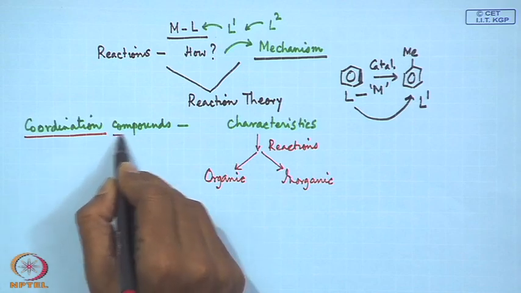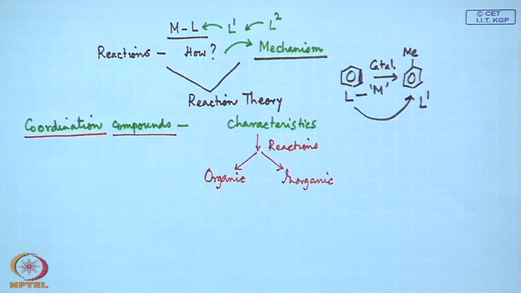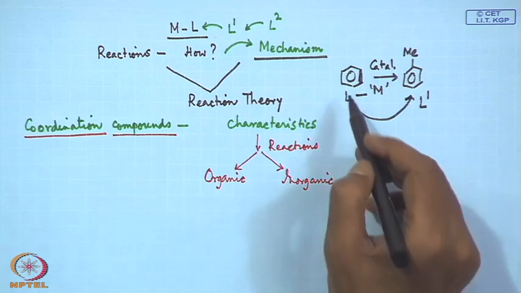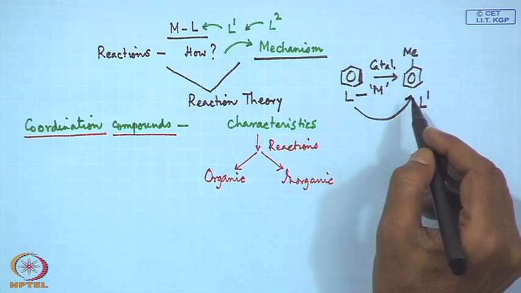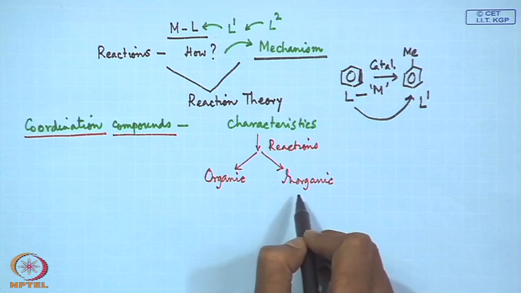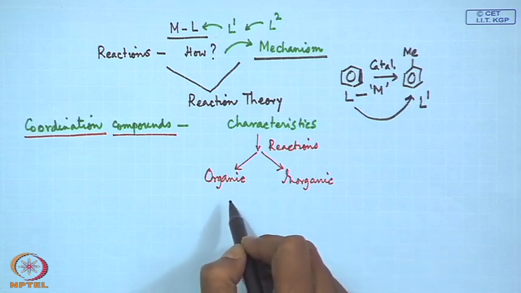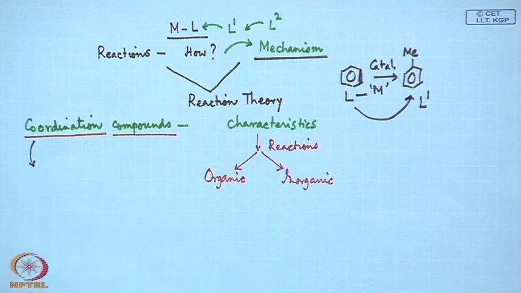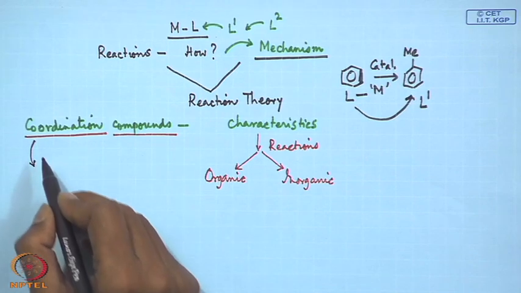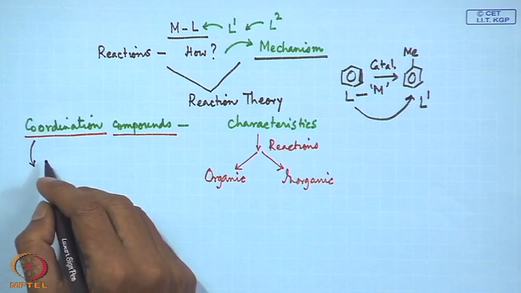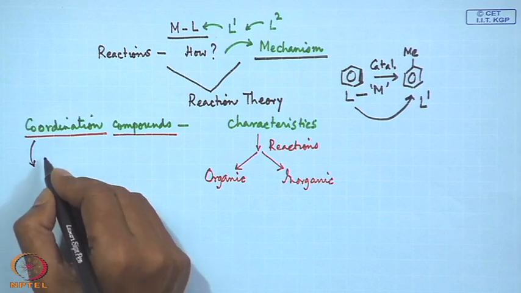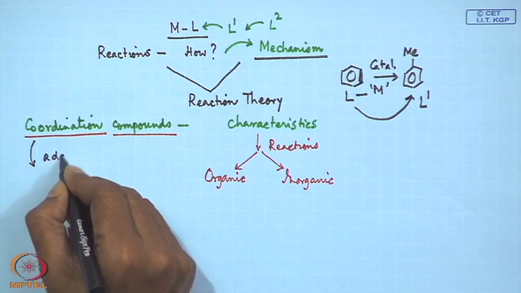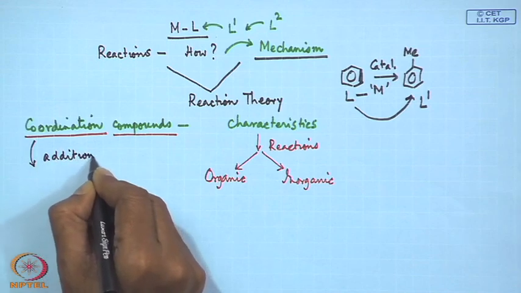But when we talk about coordination compounds, compared to the very simple transformation of benzene to toluene and other very simple inorganic and organic transformations, these coordination compounds, which we call complexes, are a little bit complex in nature and features. So, they have some additional features.